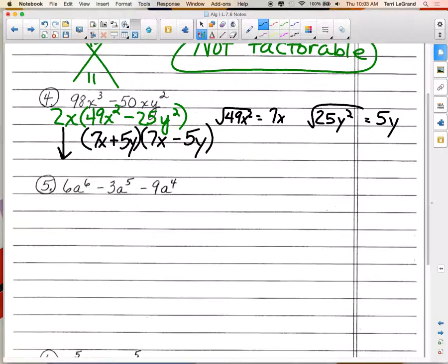Okay, now we look at these. You think either of those are factorable, 7x plus 5y? Okay, now, here's the deal. If we did not get out the biggest number we could, like let's say 2 was the largest common factor that they had, then it would show up here.